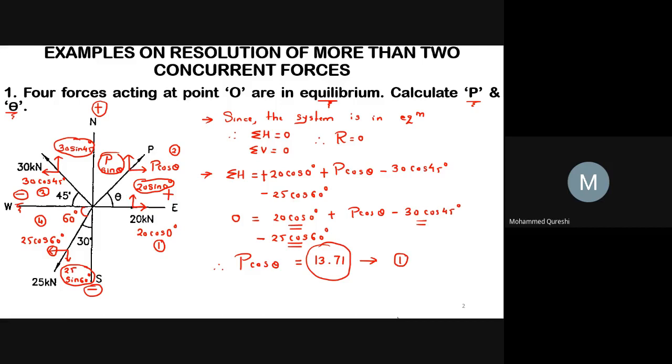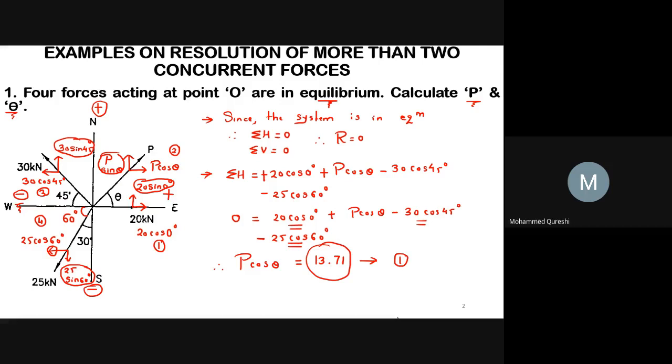After you achieve both values, you have to go for capital R, the resultant of all the forces.